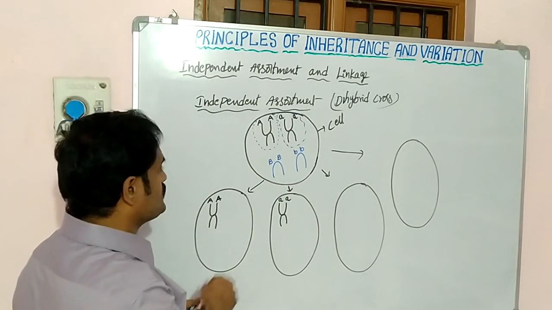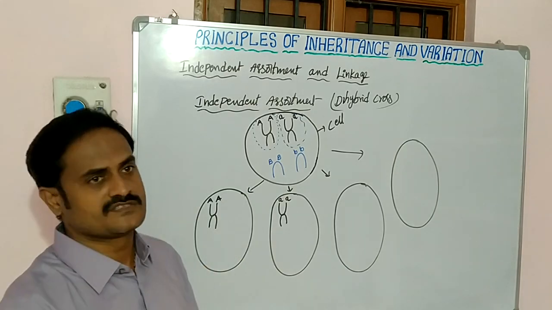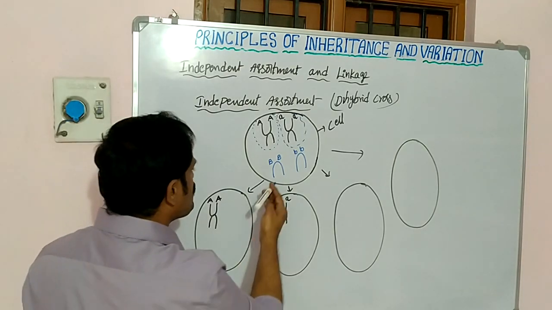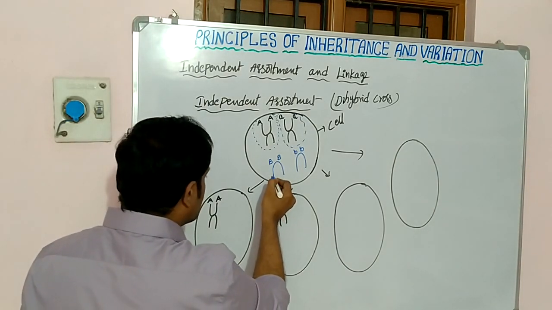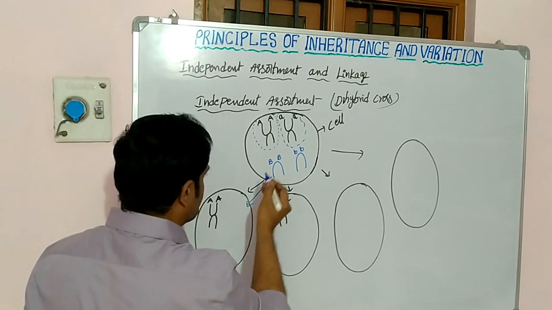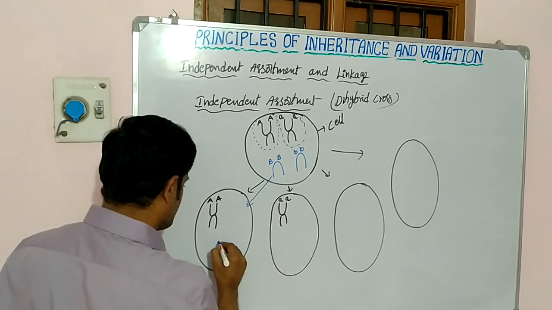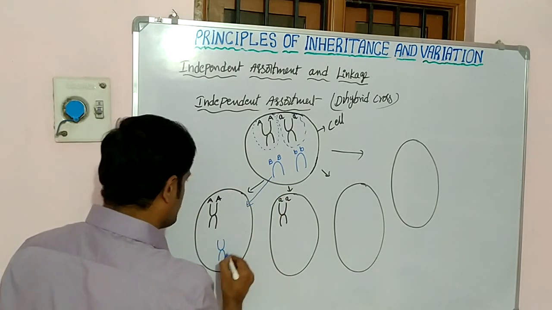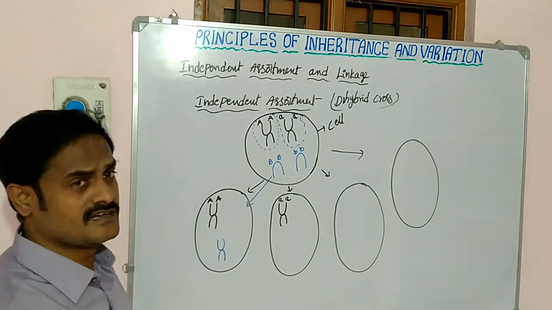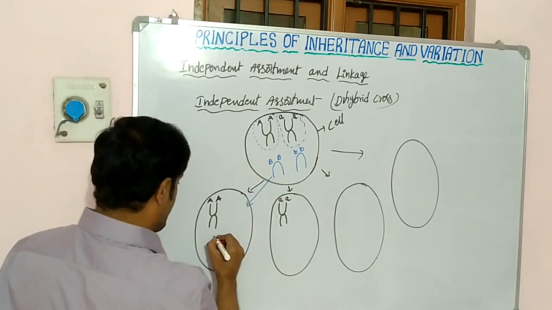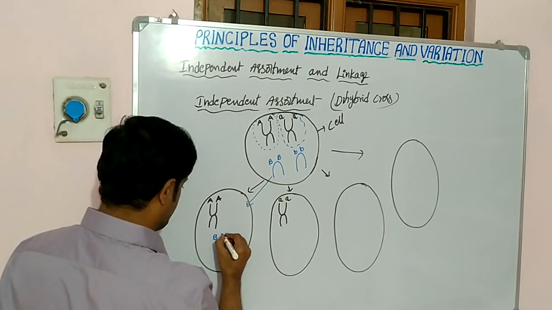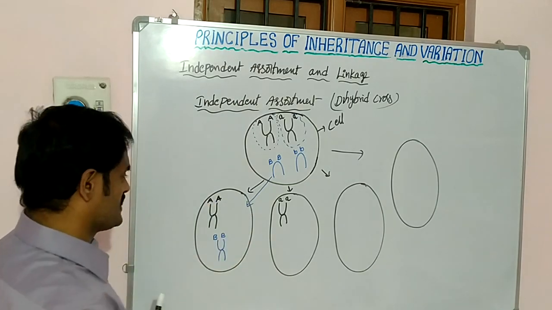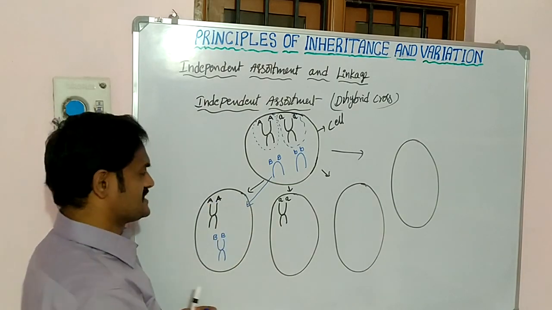Then coming to the remaining two chromosomes, suppose this chromosome reaches into this cell. What kind of genes are present? Capital B, capital B. This is one complete cell.